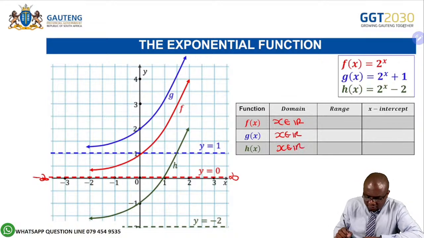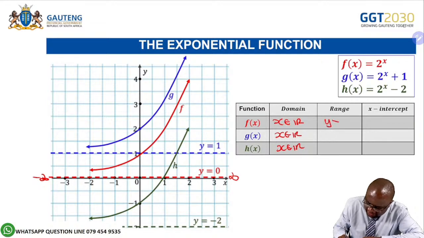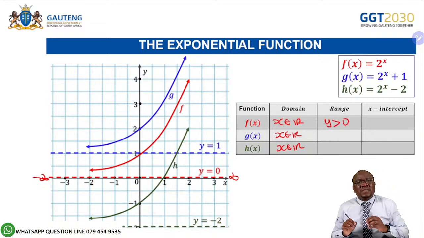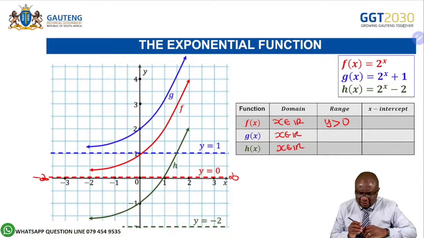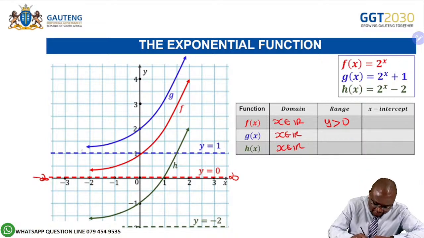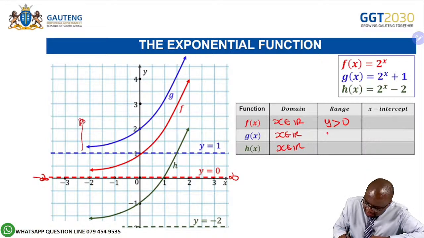And then the range: for the red graph, the range is y greater than 0 because the asymptote cannot be included. What about g of x, the blue graph? What's the range? Raise your hand and say your answer. y is greater than 1, because the graph is above the line y is equal to 1.